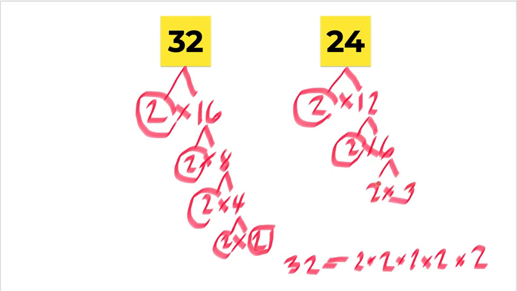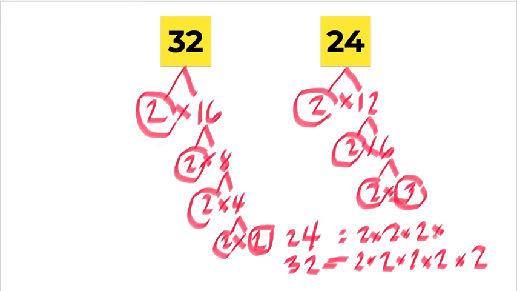So 2 is a prime, and 3 is also a prime. So we need to stop the process. So therefore, the prime factors of 24 are 2 times 2 times 2 times 3.